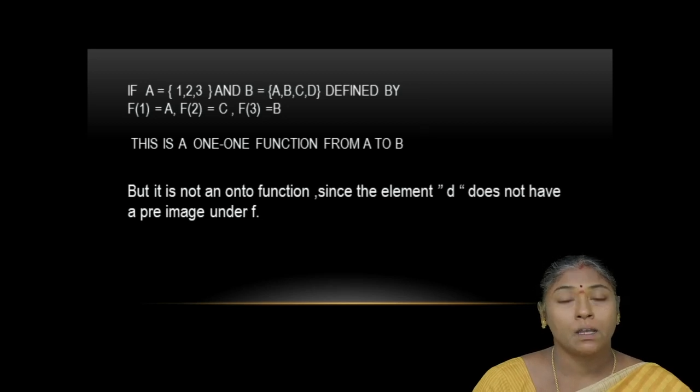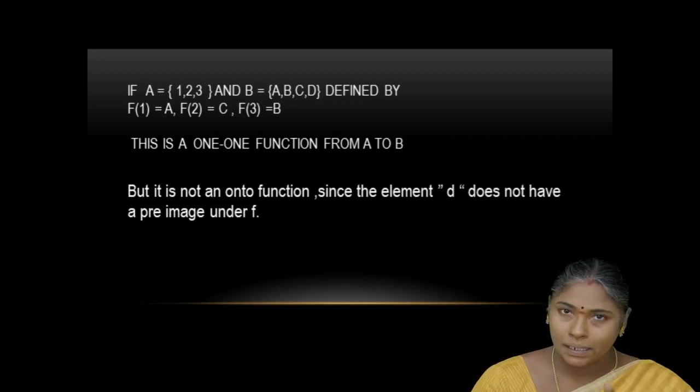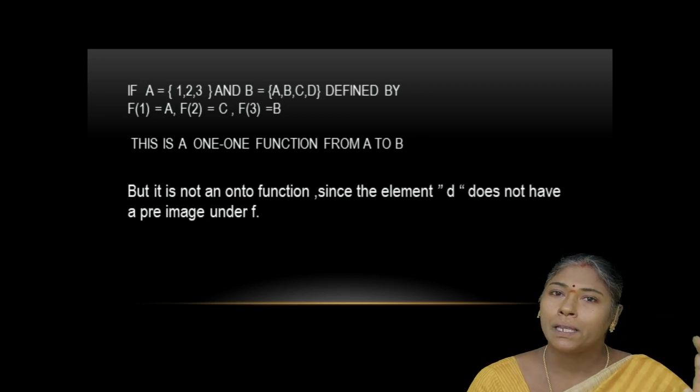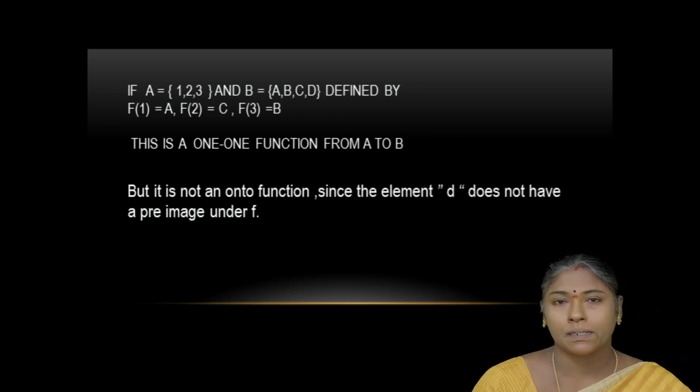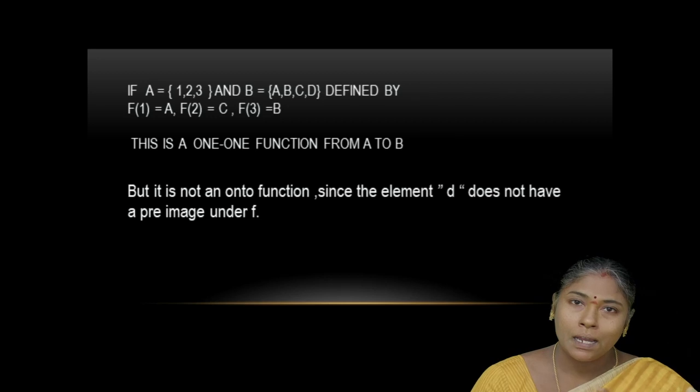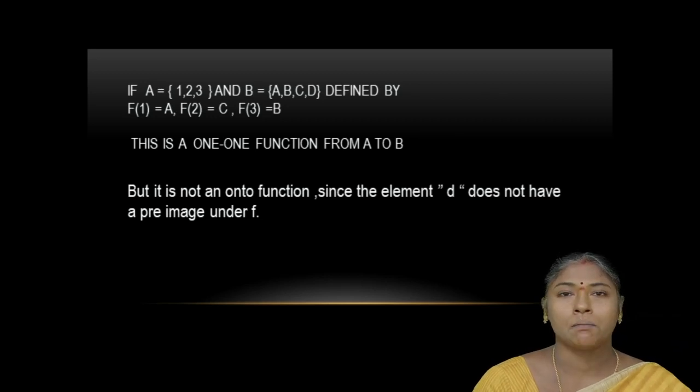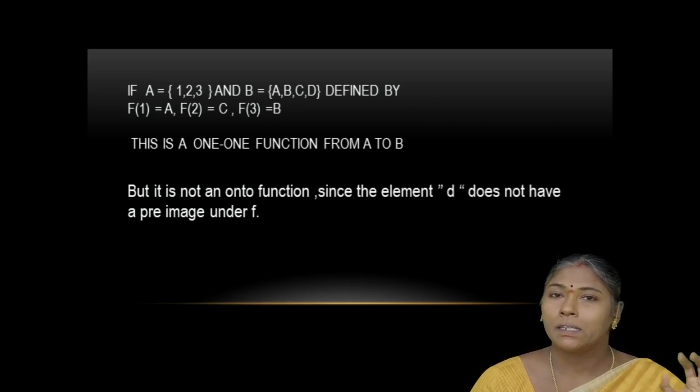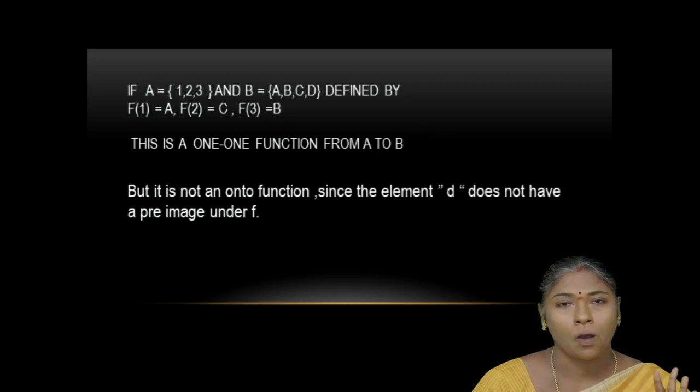An onto function means every element in the codomain must have a pre-image in the domain. Whatever element you take in the codomain, its pre-image must be in the domain set. Only if all elements have pre-images can we call it an onto function. In this example, the element d has no pre-image, so this is not an onto function.